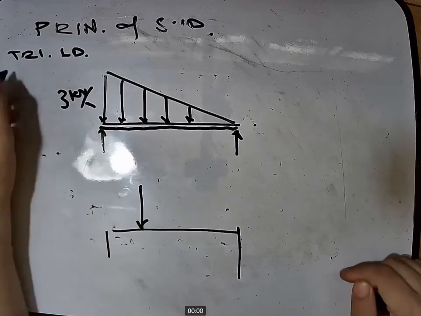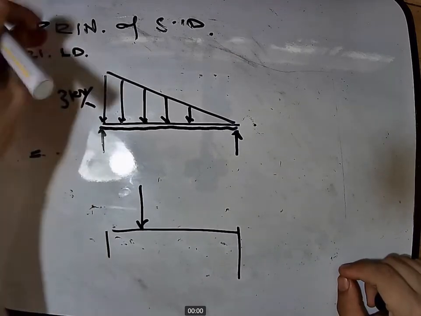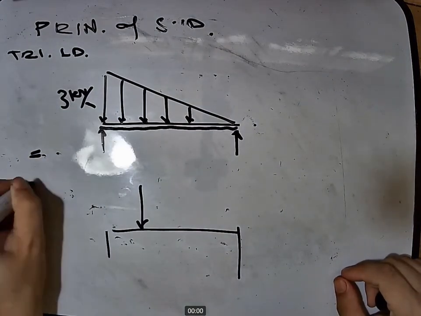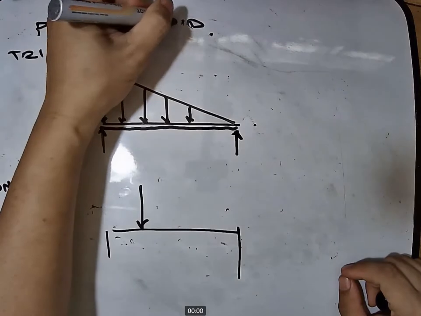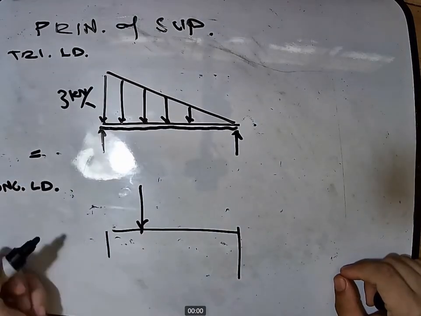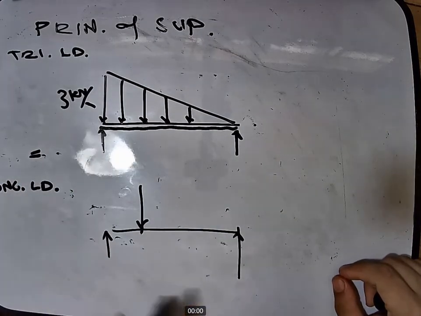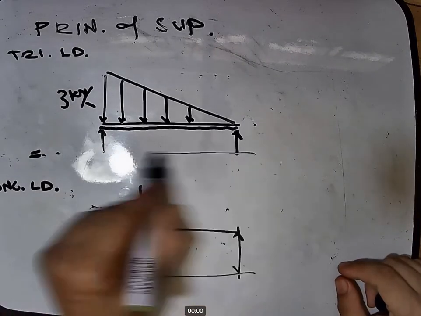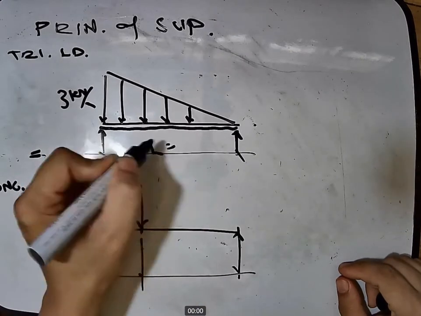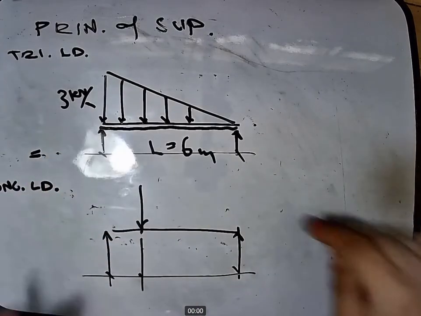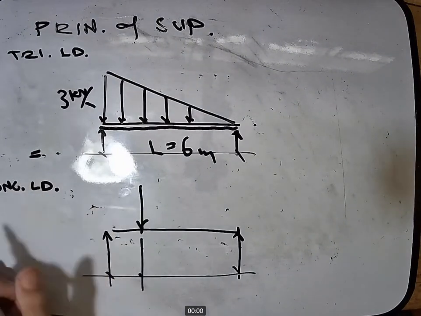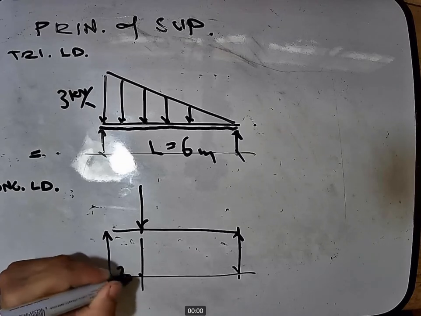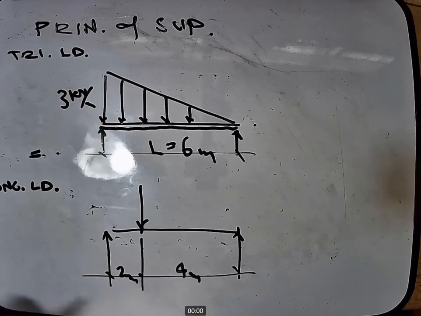So, from triangular load, this now becomes concentrated load. So, we are applying it in one position, which is here. Ngayon, ano na ang kanyang dimension? Let's say, the length here is 6 meters. Ang centroid ng triangle is at 1/3 of your length. So, this now becomes 2. And this becomes now 4 meters.